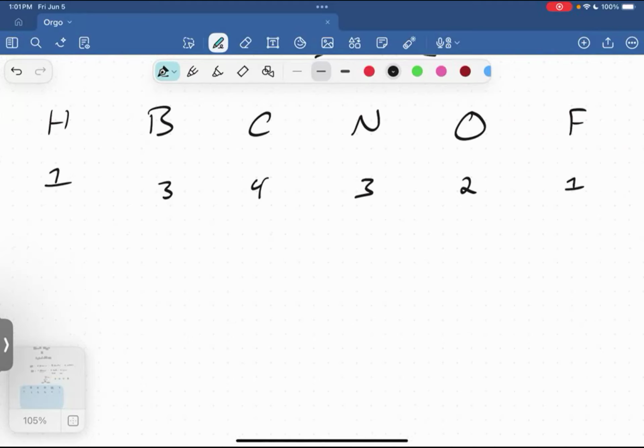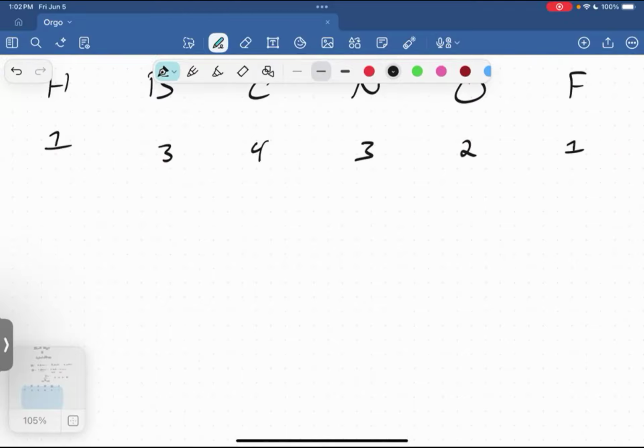A pattern that I would like to reveal, bouncing off of this, is oxygen. Oxygen making 2 bonds is neutral. What if it makes 3 bonds? It would be positive. What if it's making 1 bond?